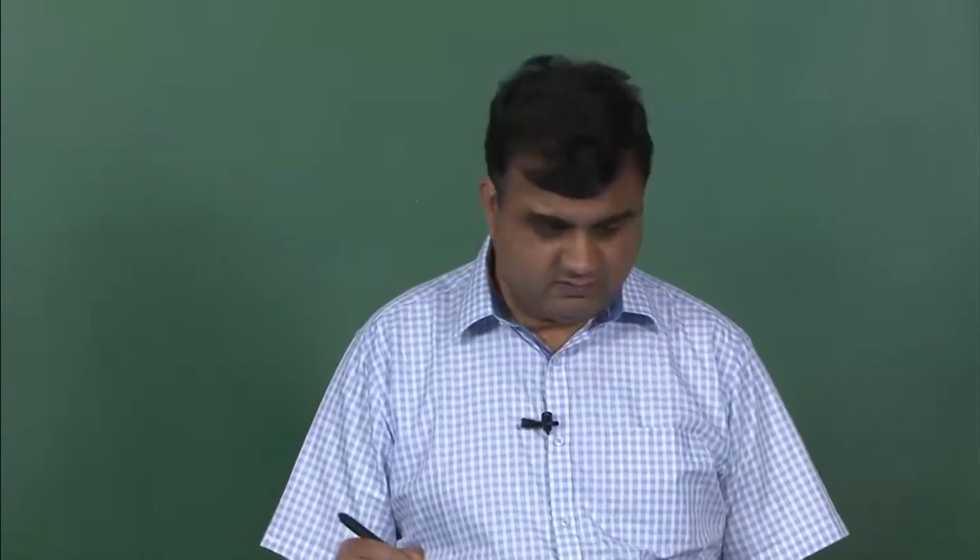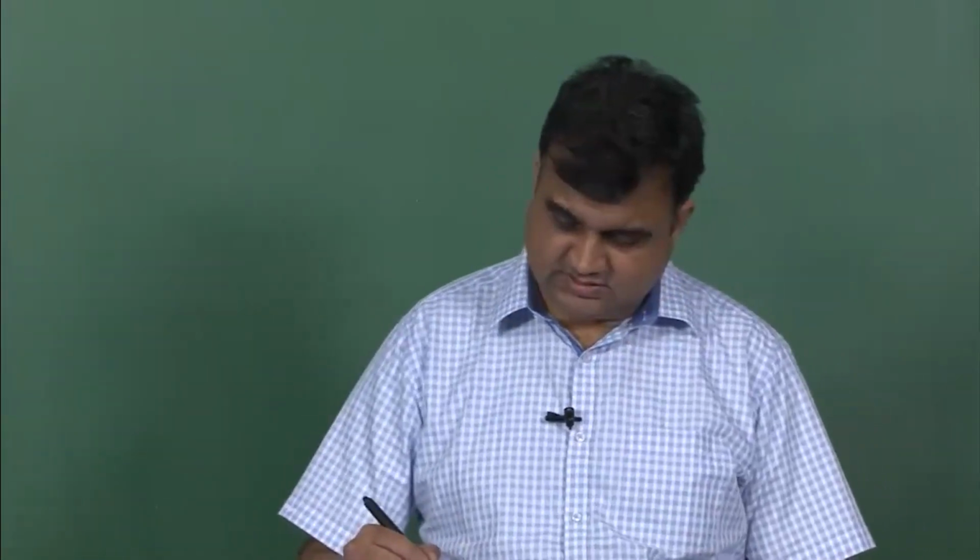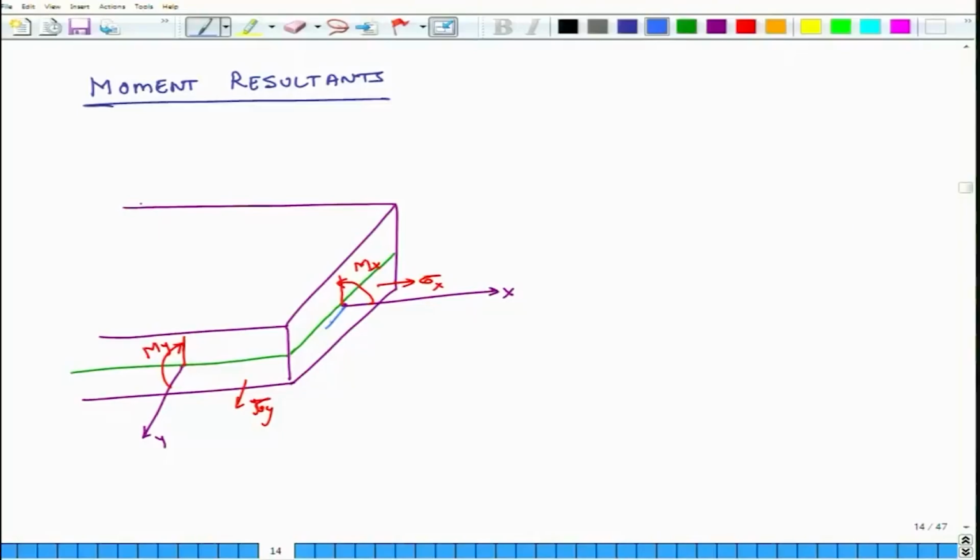And then there is a twisting component. The twisting component will look something like this. So, this is mxy. And similarly, here it is like this, mxy.